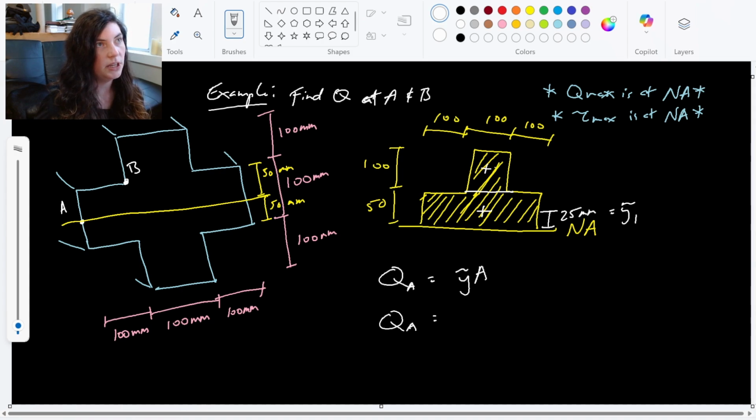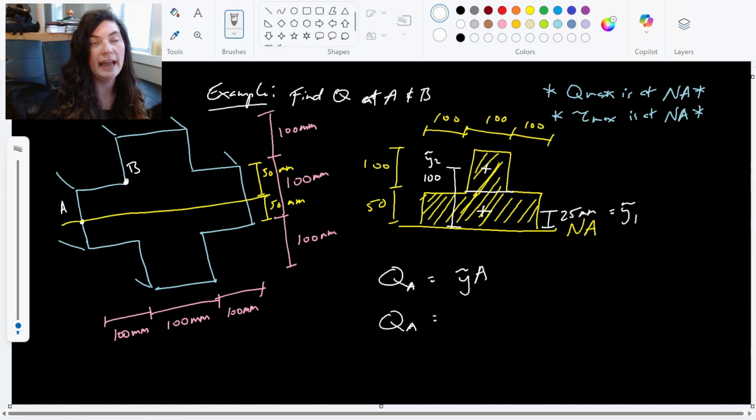My centroid up here, the center for just the top portion, would be 50 millimeters, but I need to add that 50 that's below it, the distance from the neutral axis. So this distance would be 50 plus 50 is 100. That would be Y tilde 2.